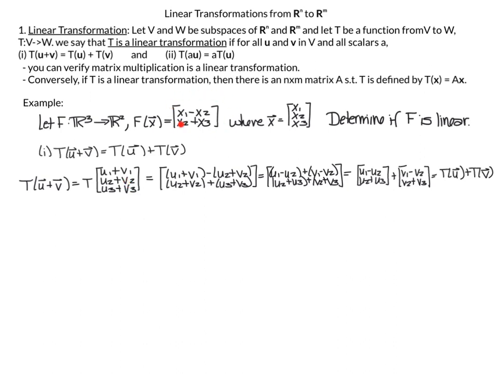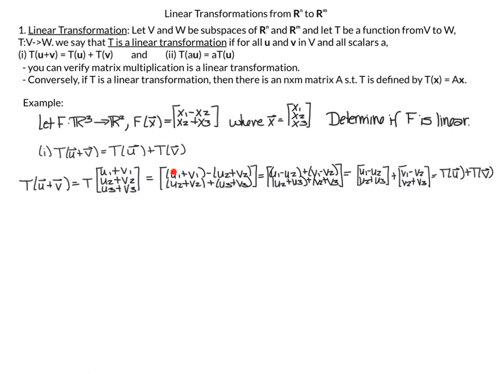According to my transformation matrix, this is equal to x1 minus x2, so I'm going to take x1 and subtract x2. And then for the second coordinate, I'm going to take x2 minus x3, so I have plus x3. And now I want to rearrange my terms so I can isolate the u.